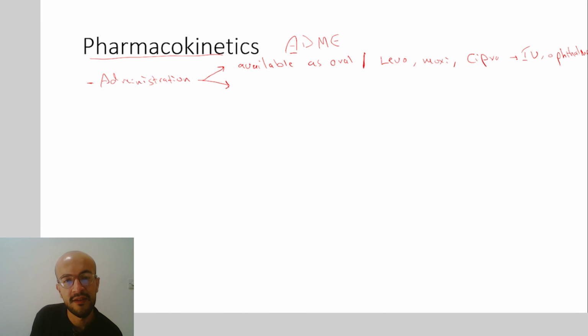With the oral formula, they generally have good absorption, except for the norfloxacin. Norfloxacin has incomplete absorption.